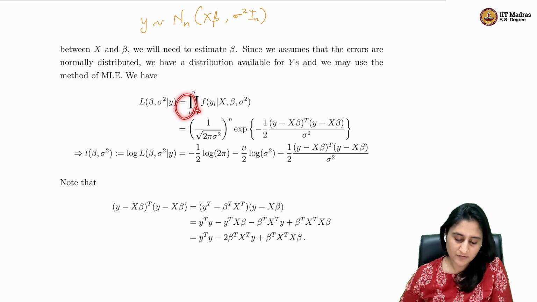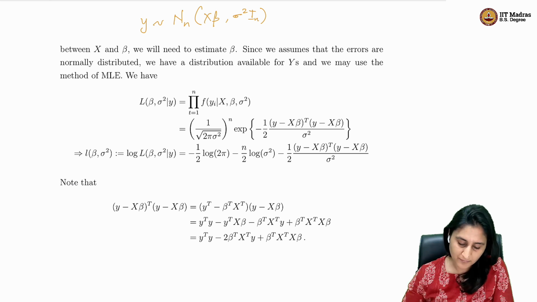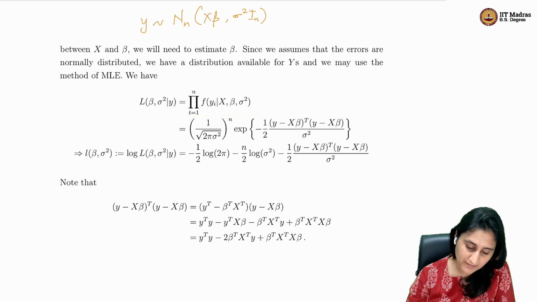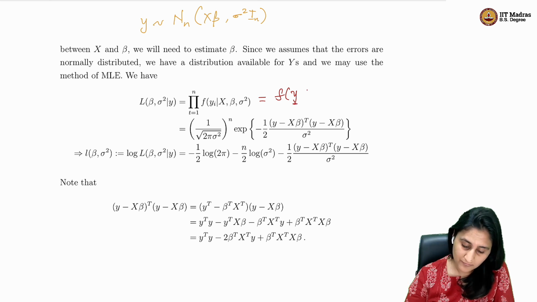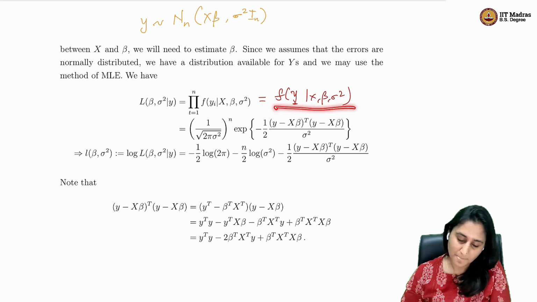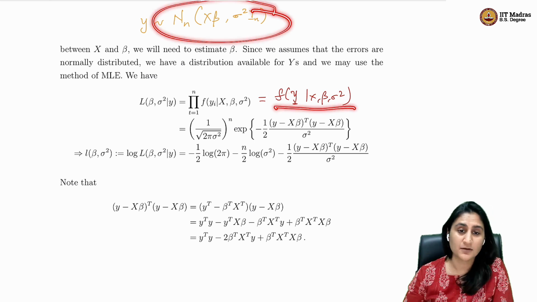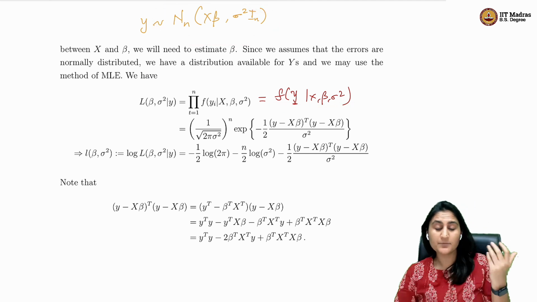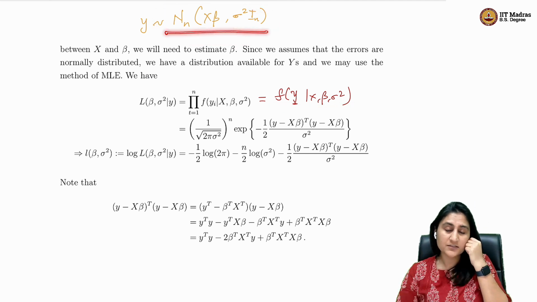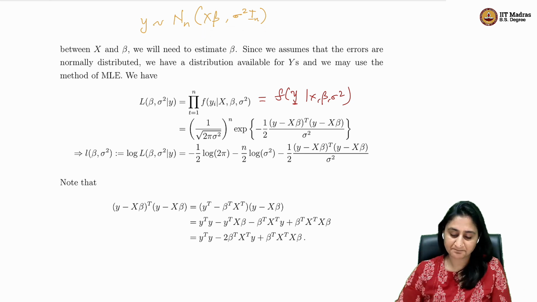And so that gives me a product over all of the f of y_i given x, beta, sigma squared. Now, I don't actually need to write this in product form. What I can do is just write this as f of my y vector given x, beta and sigma squared, because I know that my y over here is distributed like this, and I know from previous lectures what the density of a multivariate normal distribution is.